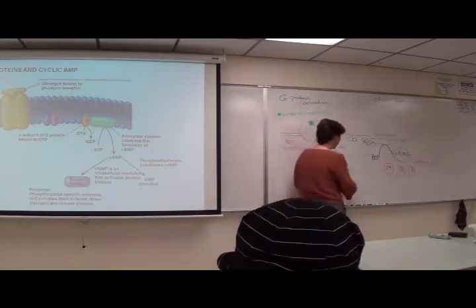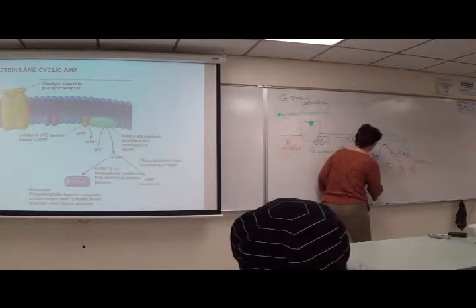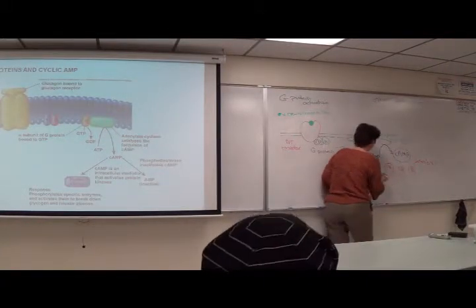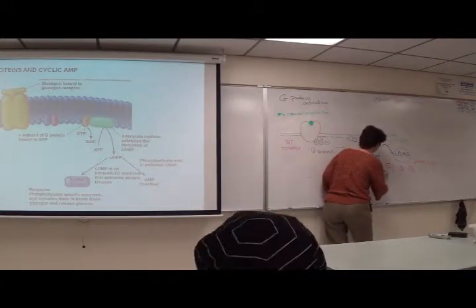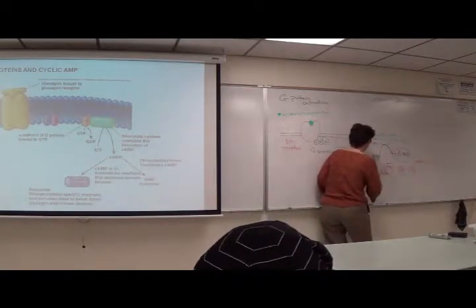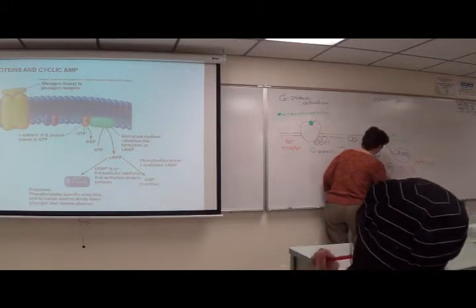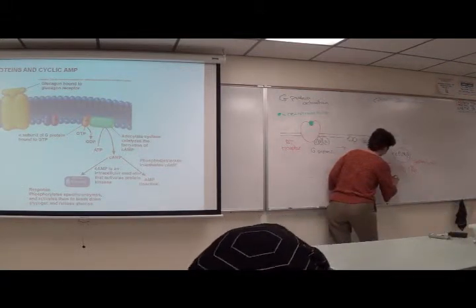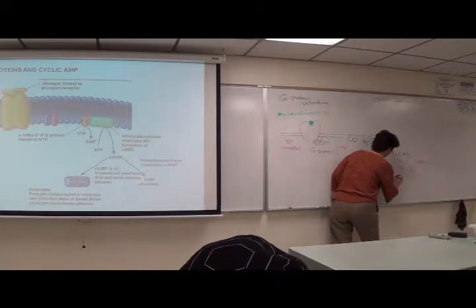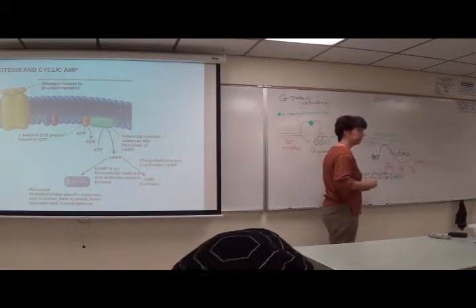And what protein kinases do is they phosphorylate. They add phosphates. Sometimes they remove them to other enzymes or proteins to activate them. So again, sometimes they can deactivate them.